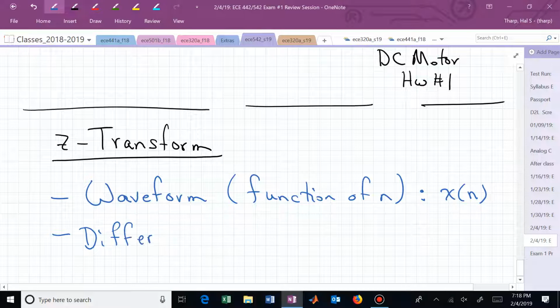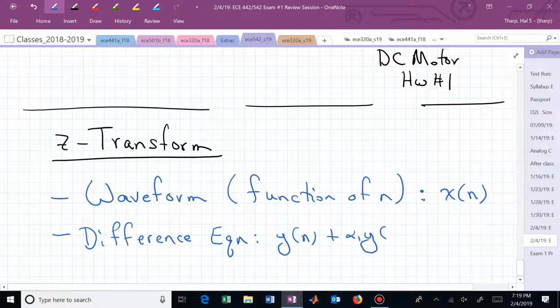You should also be able to find the Z-transform of a difference equation, which we've done earlier. Given y of n plus alpha 1 y of n minus 1 equaling beta 0 u of n plus beta 1 u of n minus 1.